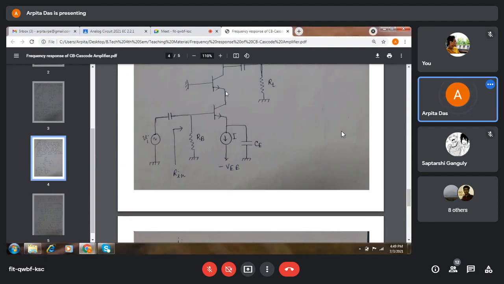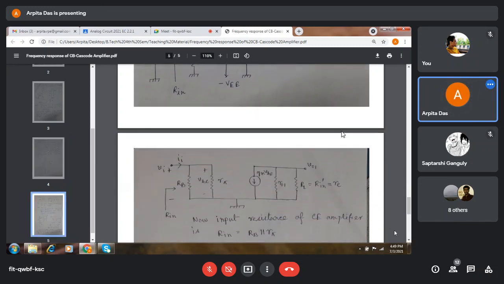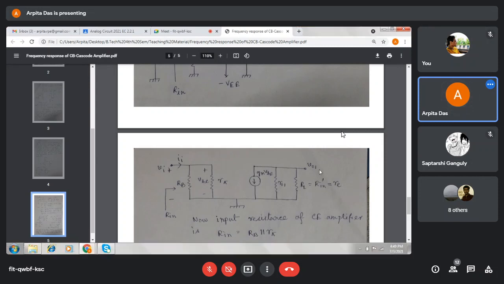There is no existence of RC and RL here, but we know that RL, the load of the first stage, is actually the input resistance of the second stage amplifier. So there is a load in the first stage amplifier, and that load is actually the input resistance of the second stage amplifier. Rin prime is assumed as the second stage input resistance.